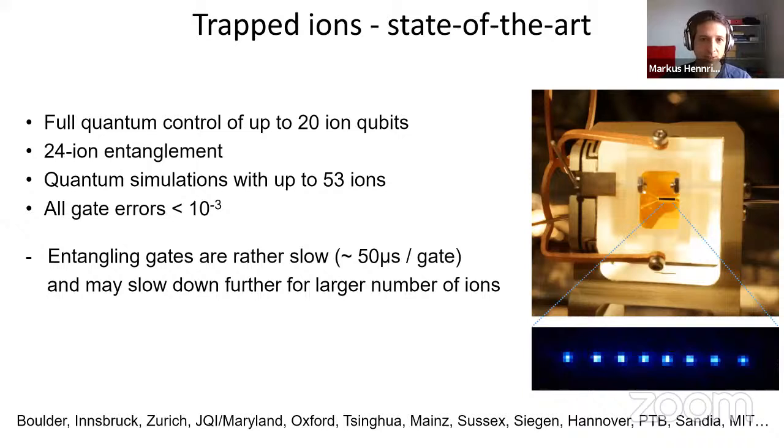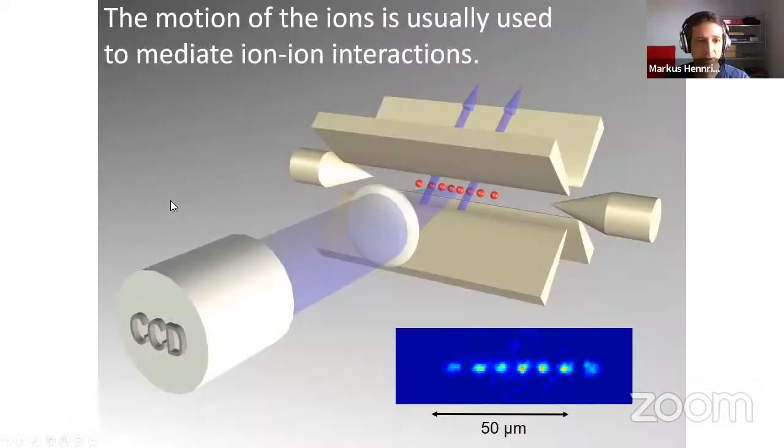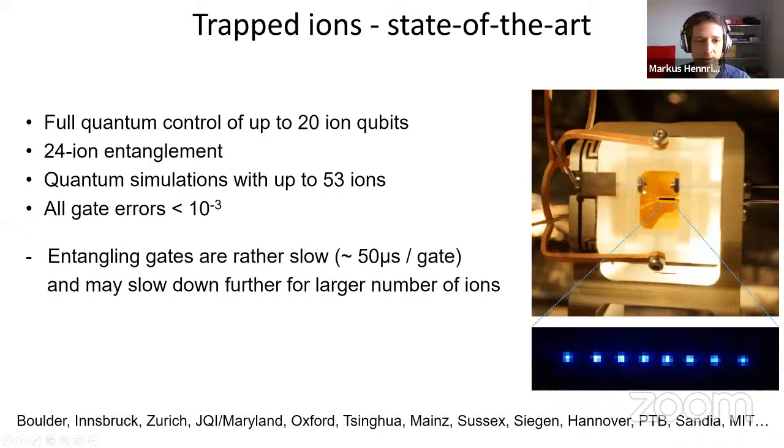The state of the art in trapped ions at the moment is that you can do at least 20-qubit full quantum control, probably even more right now. 24-ion entanglement has been shown recently, published as a preprint from Innsbruck. Then 53-ion quantum simulations have been performed by JQI in Maryland, in Chris Monroe's group.